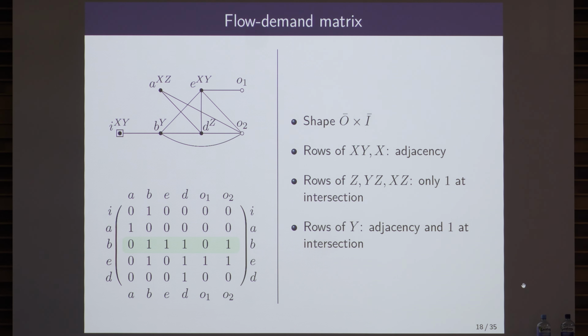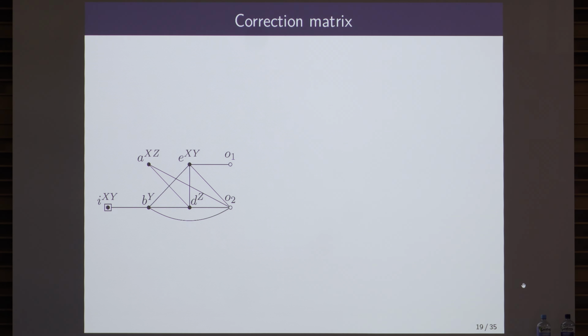So going into details why we are doing things this way would require me again to spend a lot of time explaining different byproducts for each of the measurements. So that's not something I want to go with. I want to show you the overview. So let's look also at an overview of the correction matrix.